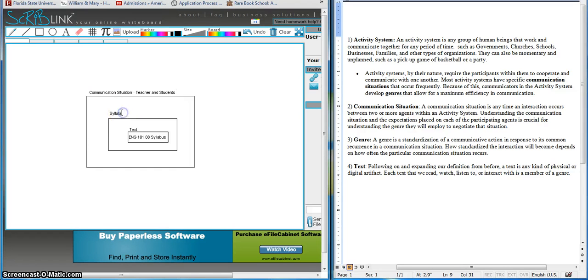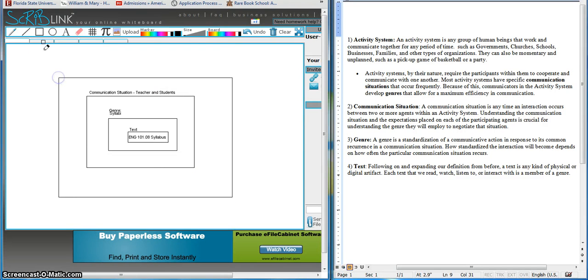And so we have syllabi, which is the genre. We have the communication situation, teacher and students. And that communication situation occurs only within the context of an activity system, in this case, the school activity or the university activity system.